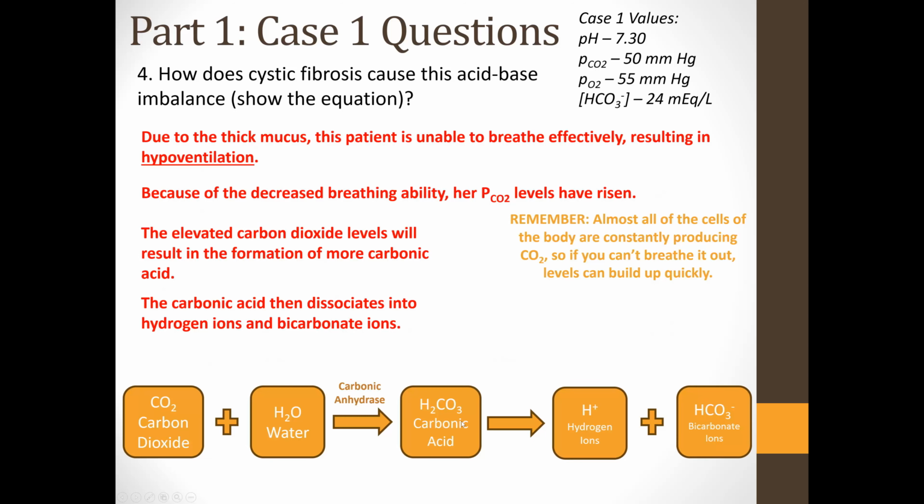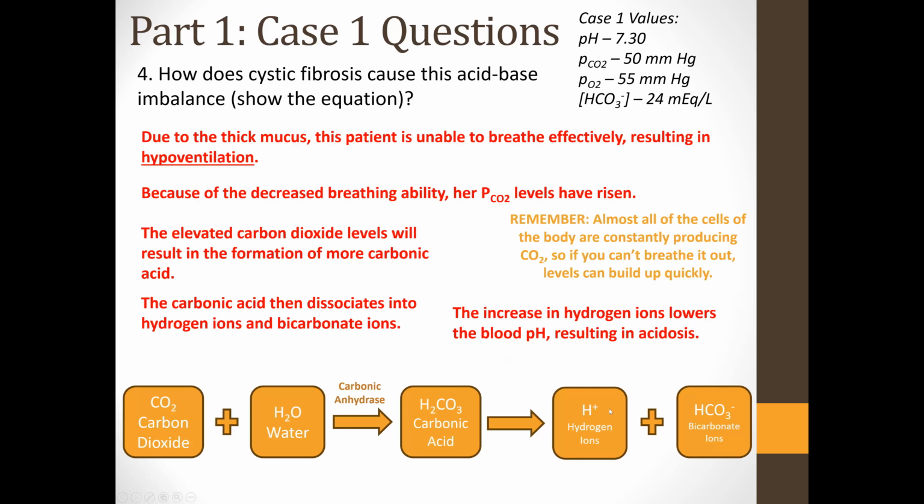So immediately the carbonic acid will release hydrogen ions and bicarbonate ions. And the increase in the hydrogen ions will lower the blood pH, resulting in acidosis. Remember, pH is a direct measurement of hydrogen ion concentration. So when we increase the number of hydrogen ions, we decrease the pH, or make it more acidic.